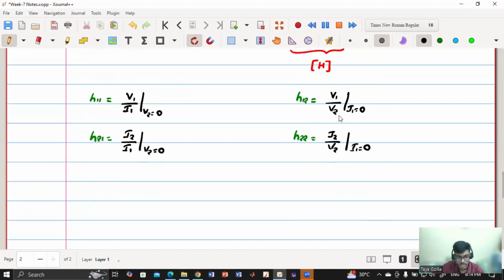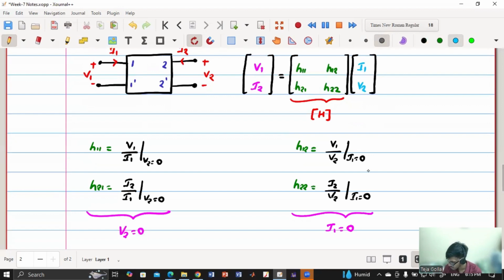In this case, for finding these two parameters, we have to short circuit port 2, which means V2 equals 0. Whereas for port 1, we have to open circuit because current is the 0 term here. Now if you see, H11 has a dimension of resistance, and H12 is dimensionless.